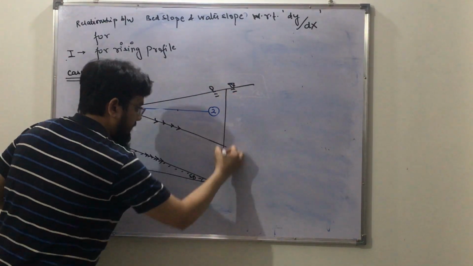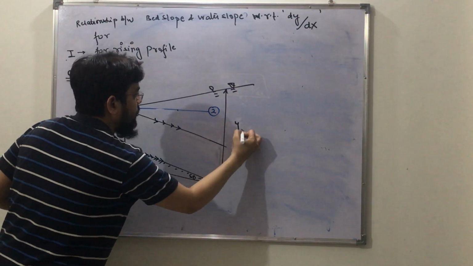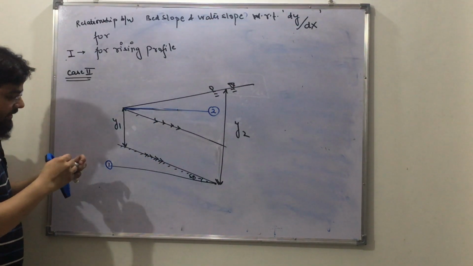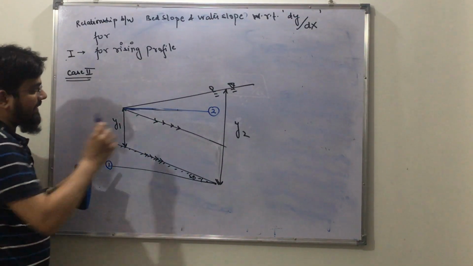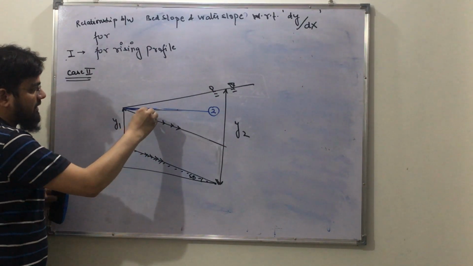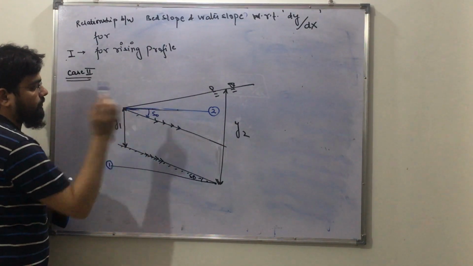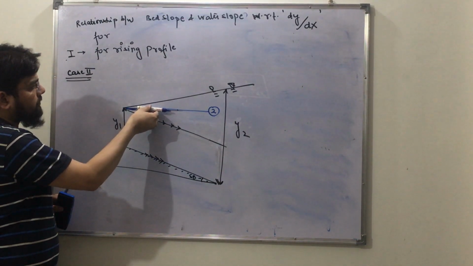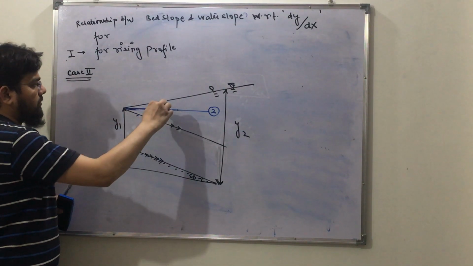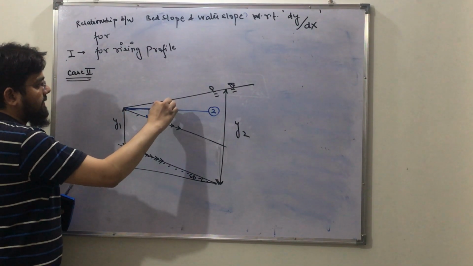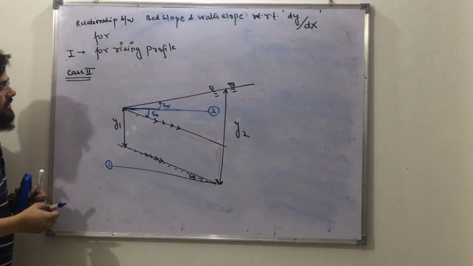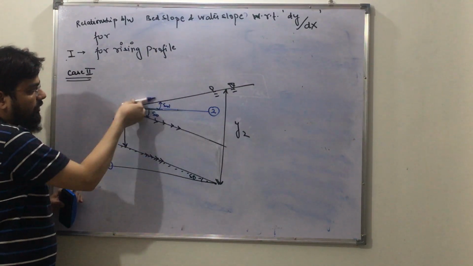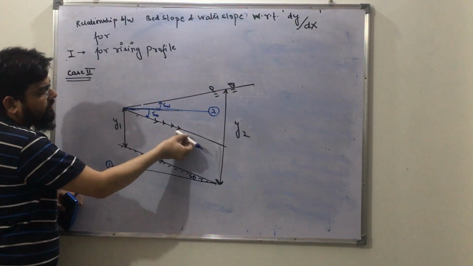So if this is y1, we have y2. Now this is horizontal line 1 and 2. So what is S0 here? S0 is measured from the horizontal line to the bed slope. This value is S0. Correct? What is SW? SW is the value from horizontal to the slope. So this is SW. Correct? And what is dy by dx? Dy by dx is a value measured from water surface profile to the bed slope.